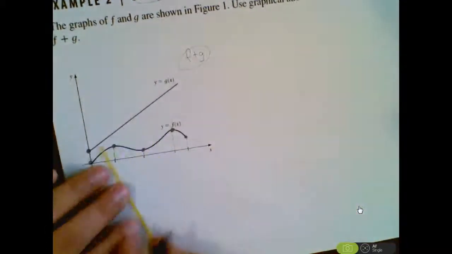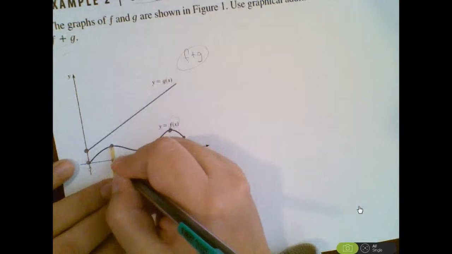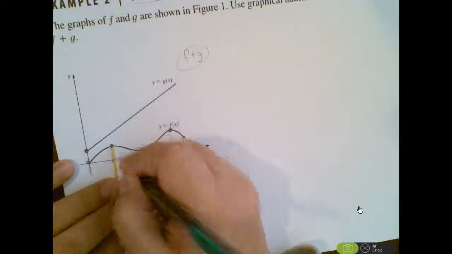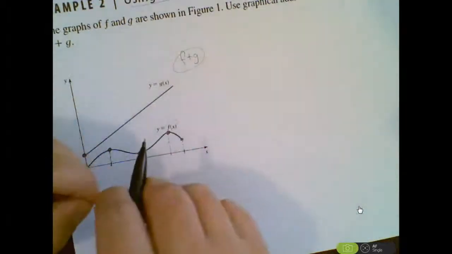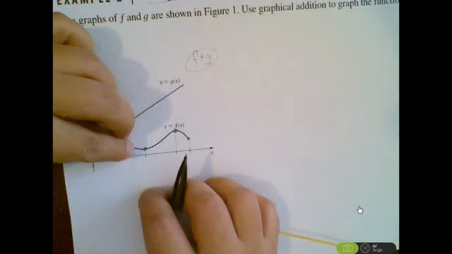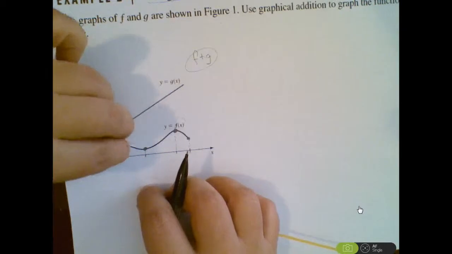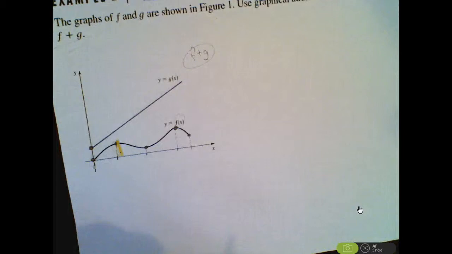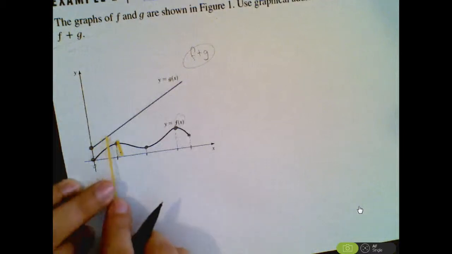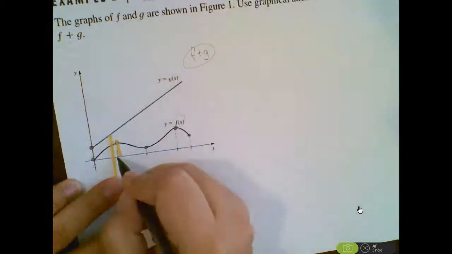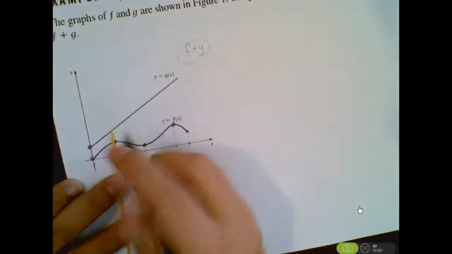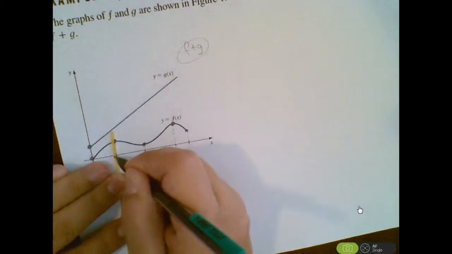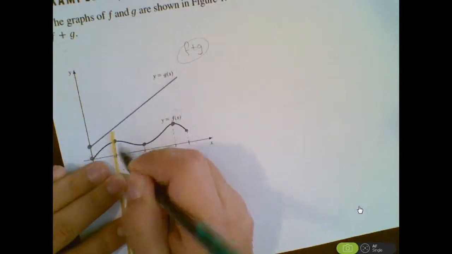Now for x equals 1, this is how tall f is when x equals 1. So let me just split it right there. A little bit taller than I wanted it to, but you get the idea. Can you stay there? Okay, thank you. Now for g at x equals 1, that's how tall g is when x is 1.